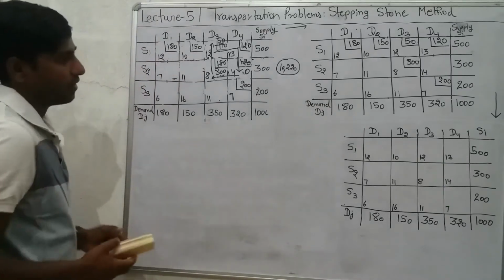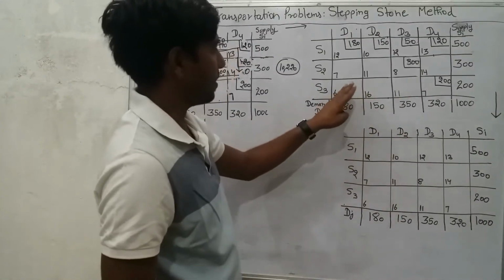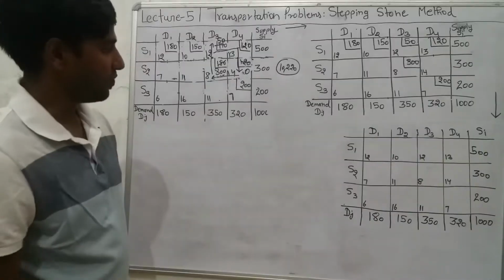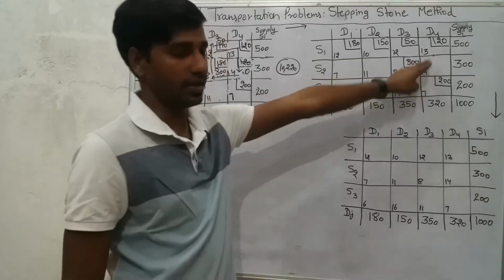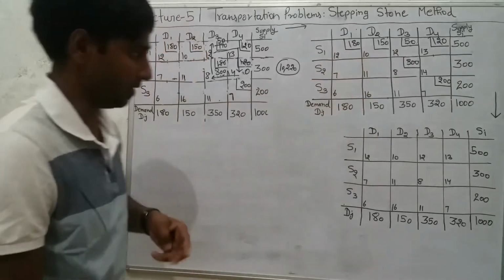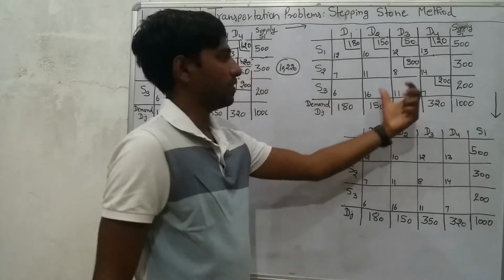Simply calculate the opportunity cost for the unallocated cells in this table. So how many cells are there? Unoccupied: 1, 2, 3, 4, 5, 6. And how many occupied cells are there? 1, 2, 3, 4, 5, 6. So again we have to calculate the opportunity cost for these empty cells.